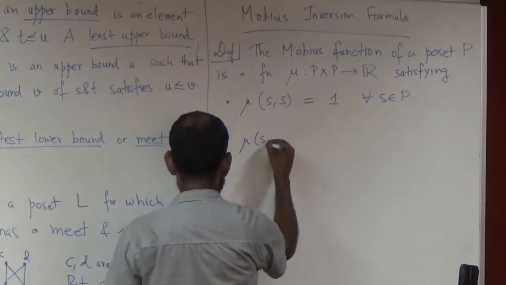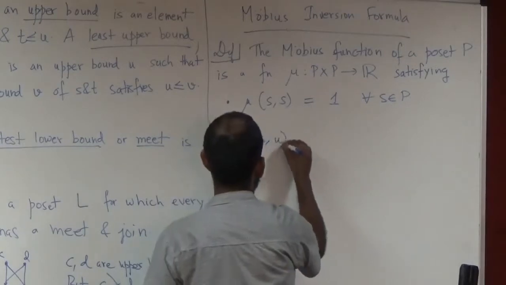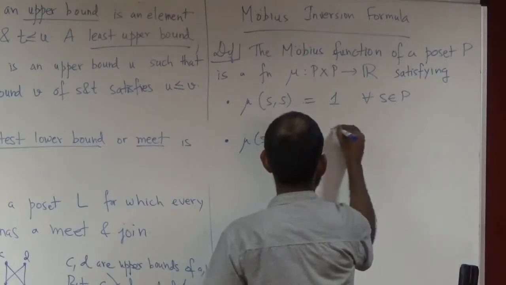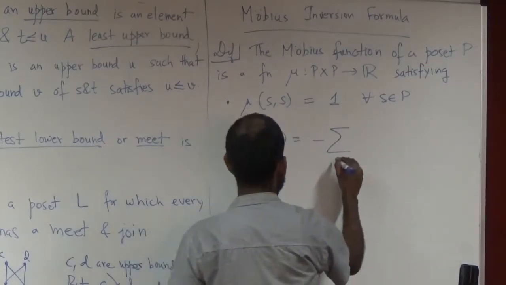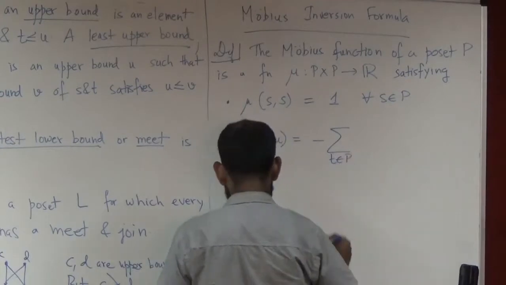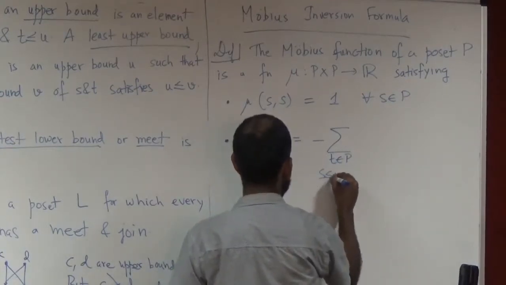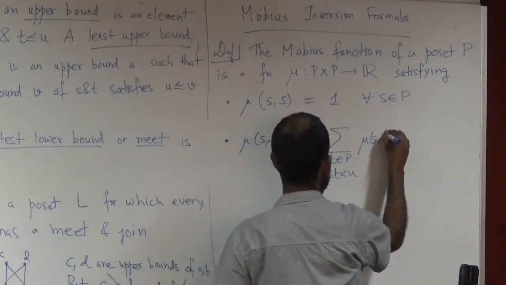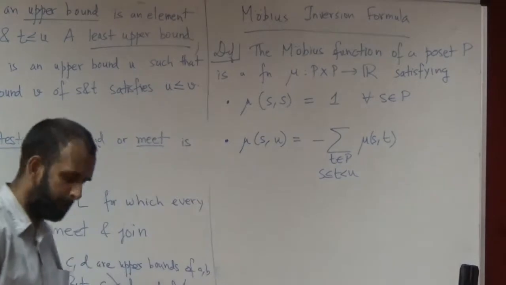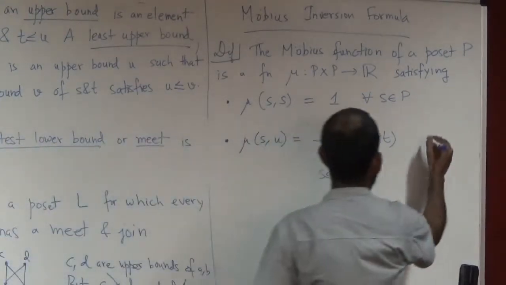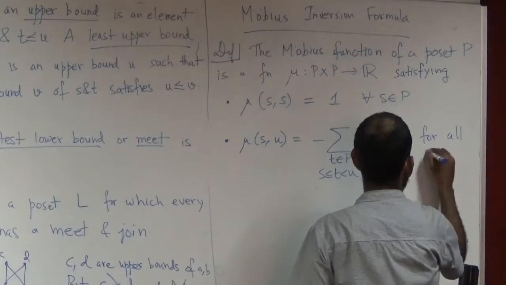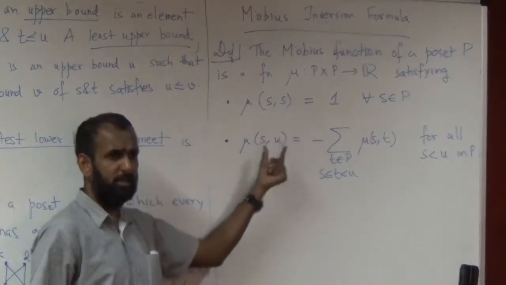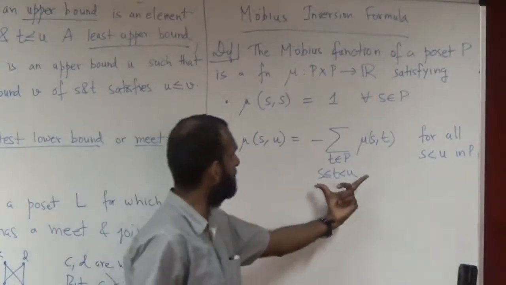So mu of S,U, you define recursively as the sum over all T in P such that S is less than or equal to T is strictly less than U of mu of S,T, for all S less than U in P. So if you have two elements such that the left one is smaller than the right one, you define it recursively.